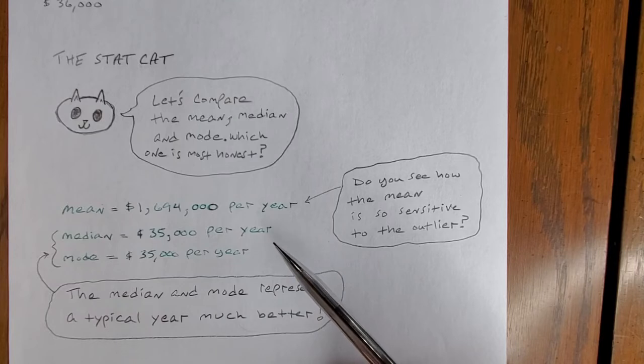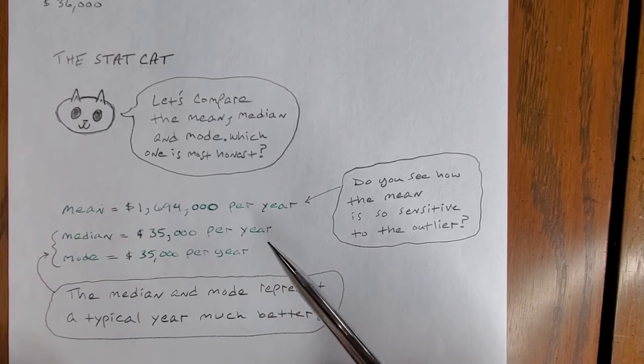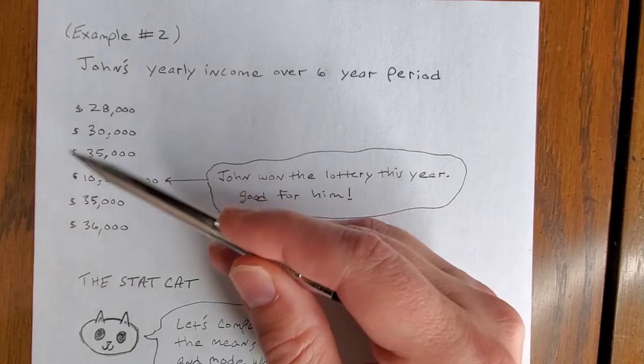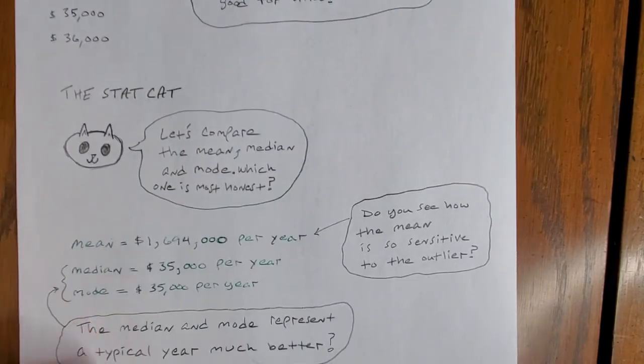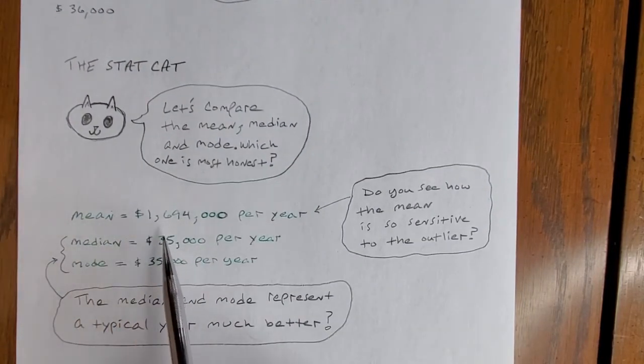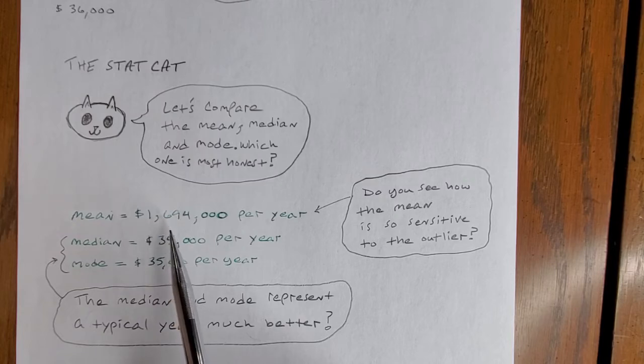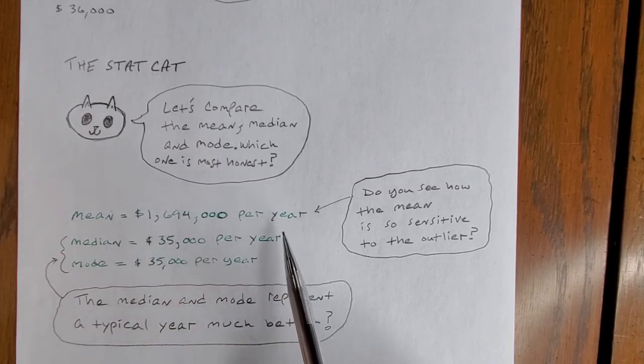So if I was going to report something on this, I'd say maybe John's median salary was $35,000 per year, and then I would feel like I was being honest about that, right? Maybe John himself might rather say, yeah, my mean salary is over $1 million a year, because he wants to sound like a big shot and so on.